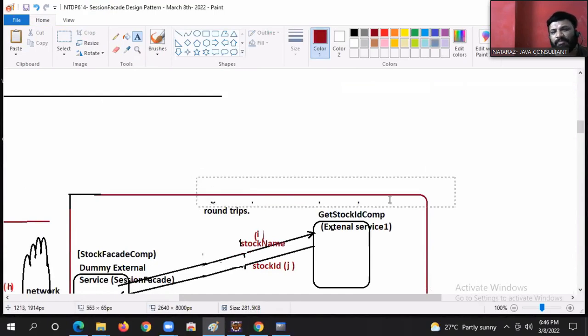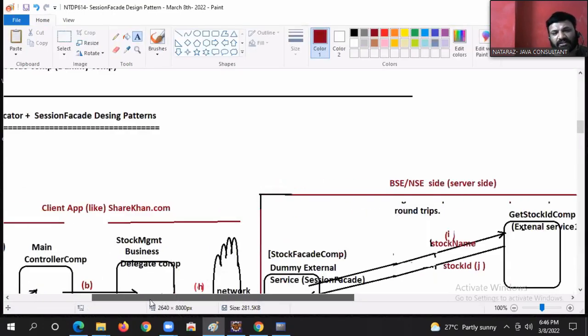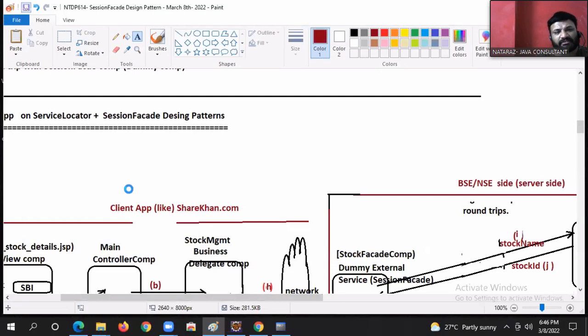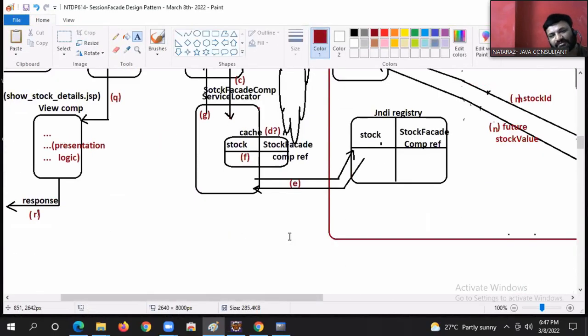This is like BSE or NSE, National Stock Exchange or Bombay Stock Exchange side. So this is the server side. This is the client side. Convinced, my dear? Got the clarity? Understood my statement?